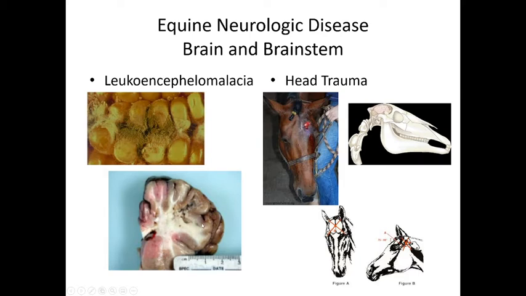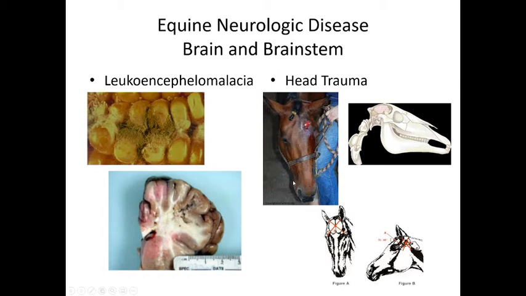And if you touched it, you could see that it's softer than normal. So leukoencephalomalacia, caused by moldy corn, causes a softening and whiteness of abnormal brain. It can be treated to a certain extent, but often leads to euthanasia as well.